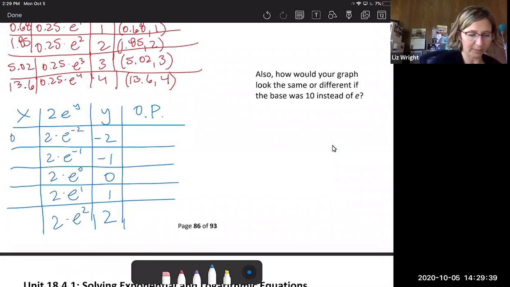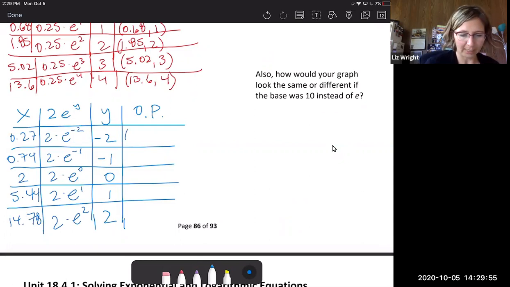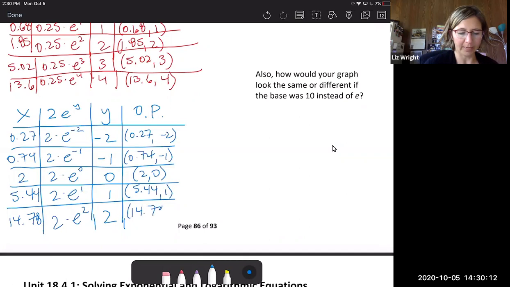Then my answers here are 0.27, 0.74, 2, 5.44, and 14.78. So we're getting 0.27 comma negative 2, 0.74 comma negative 1, 2 comma 0, 5.44 comma 1, and 14.78 comma 2 for that one.